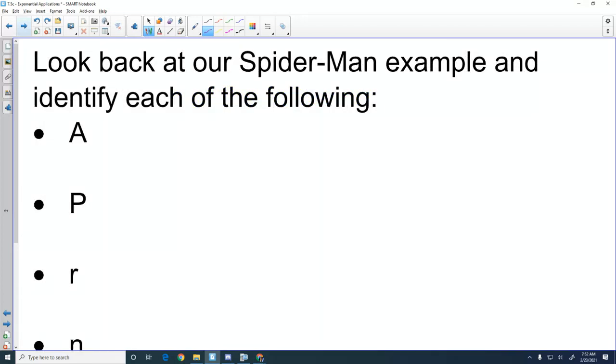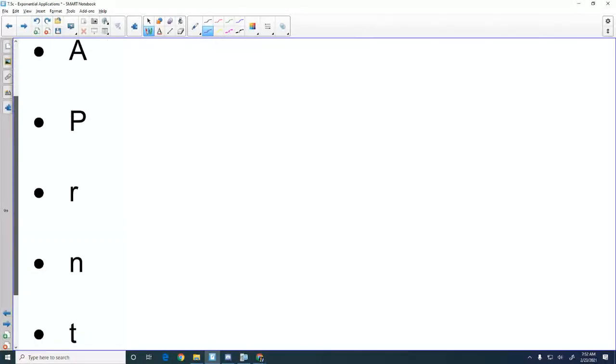So go back to that Spider-Man example. I want you to label each of these pieces, each of these letters in that new formula: A, P, R, N, and T from the Spider-Man example. Look at that table that I gave you, just to the right of example 1, where you've got that Spider-Man investment problem, and identify each of these.